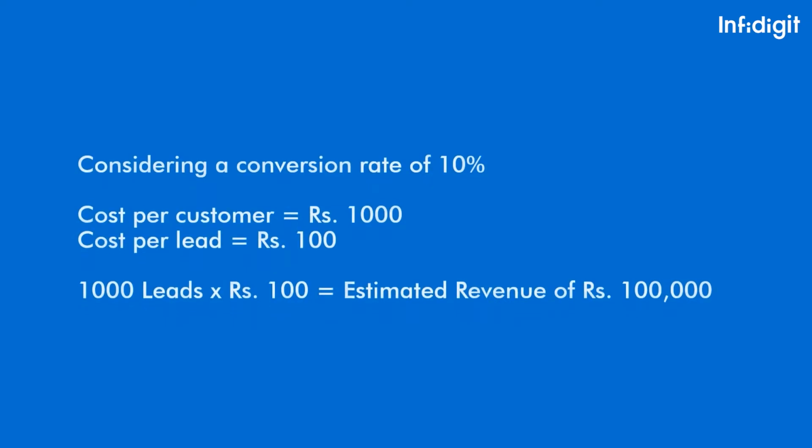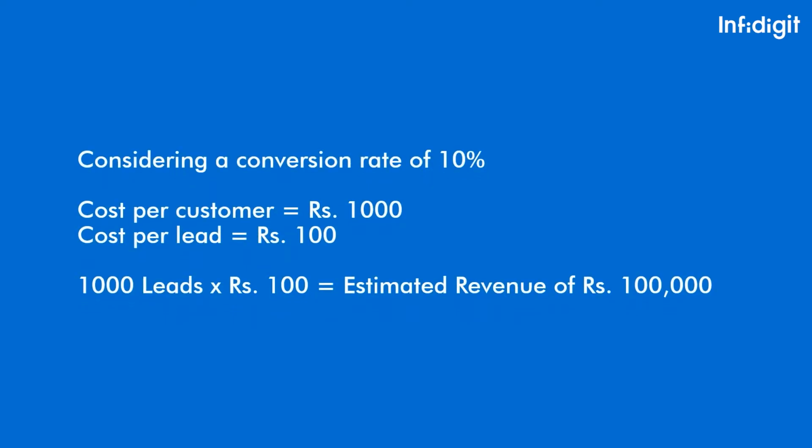They also know the revenue which they're getting from these 10 customers, so they know their average revenue per customer. Divided by 10, they would arrive at the revenue per lead. So let's say if the revenue per customer is 1000 rupees, the revenue per lead may come down to 100 rupees.